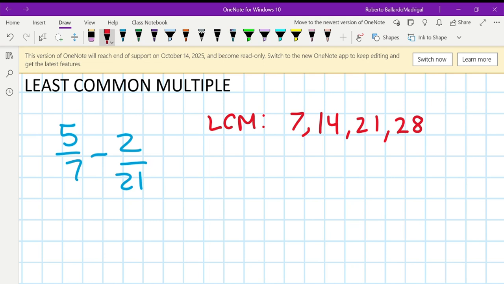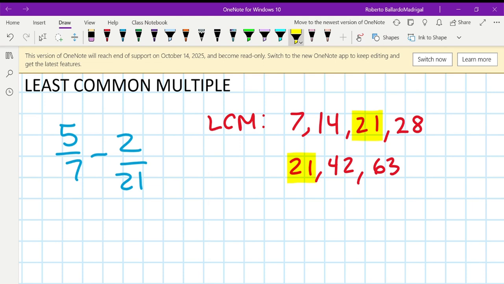And then if we do the same thing with 21, we're starting with 21, 42, 63, and so on and so forth. However, which of these is going to be the LCM between 7 and 21? 21. So the first number that comes up between them is 21.